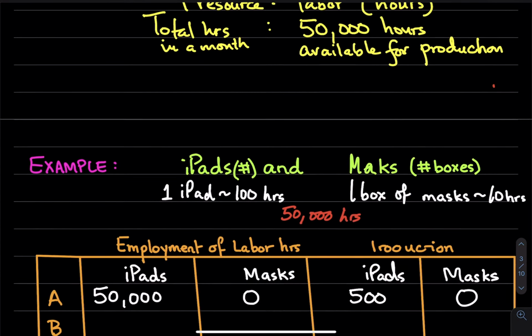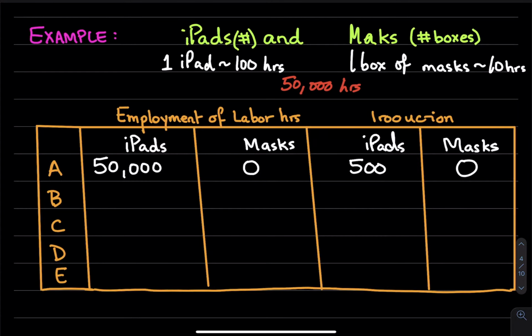Okay, so let's turn to what other information we need in order to think about the production possibilities frontier. So like I said, we are producing iPads, and this is going to be calculated as the number of iPads we can produce, or masks, which is going to be in the number of boxes of masks we can produce. Okay, so number of boxes right here. The other information that might be given to us is how many hours each product requires in its production.